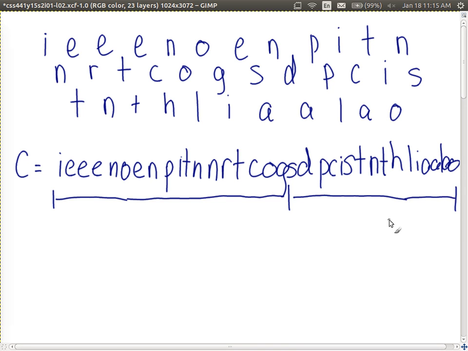If it was a depth of 2, what would the plaintext be? The first letter would be I. The second letter, S. The third letter, E. The next letter, D. E. P.